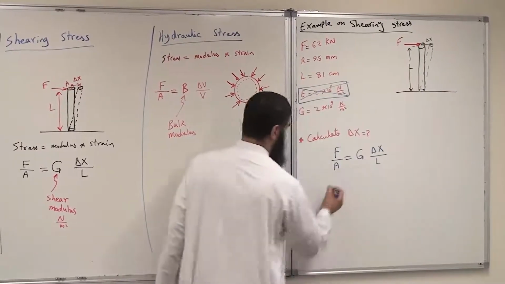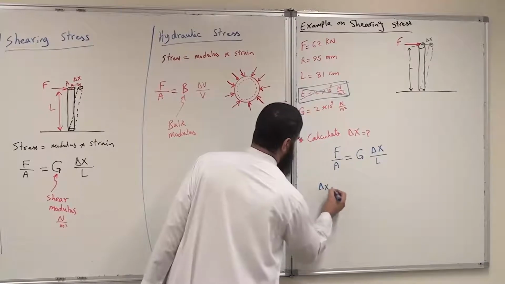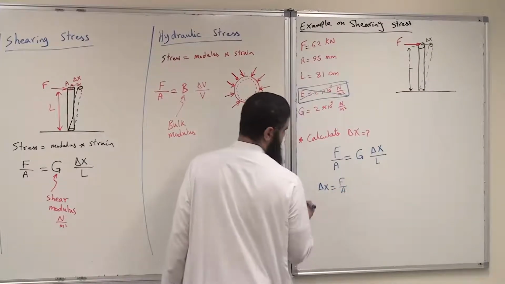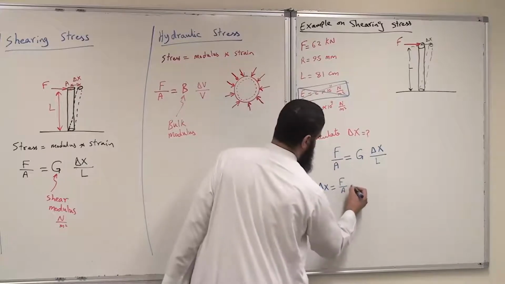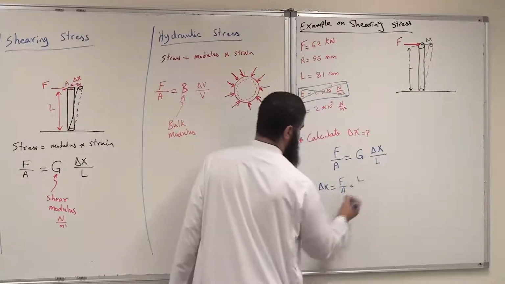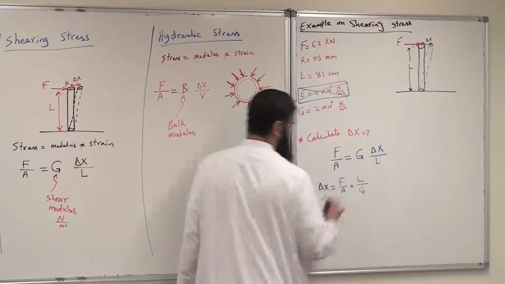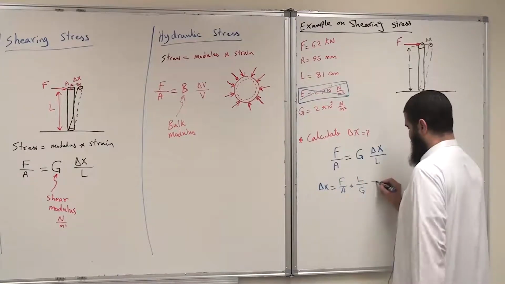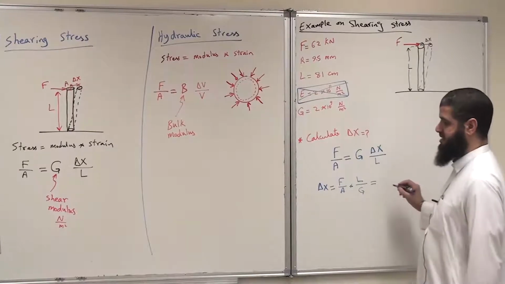Rewriting this formula, we can get delta X equals force over area, which is the stress, multiplied by L, the original length, divided by G, which is the shear modulus. So force over area, we have calculated this before in the previous example.